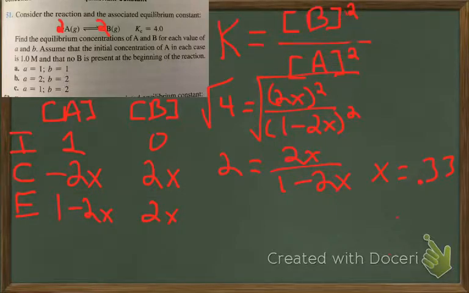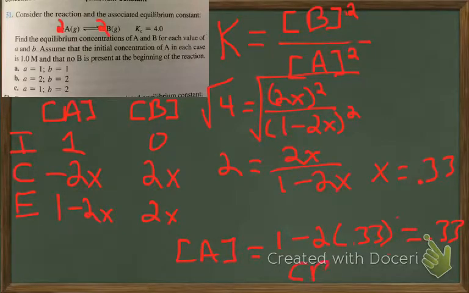All right, so now that I have x equals 0.33, what's my concentration of A going to be at equilibrium? It's 1 minus 2 times 0.33, so it is 0.33, isn't it?